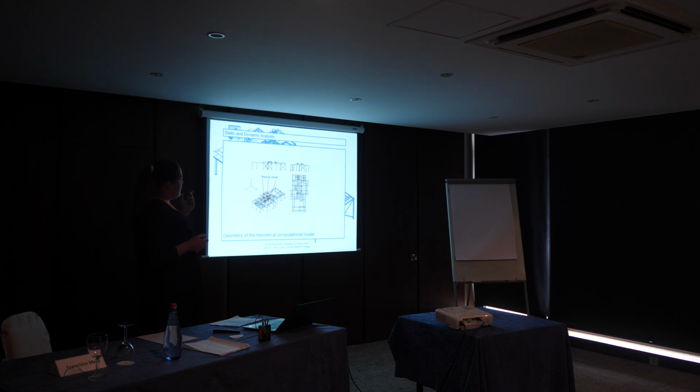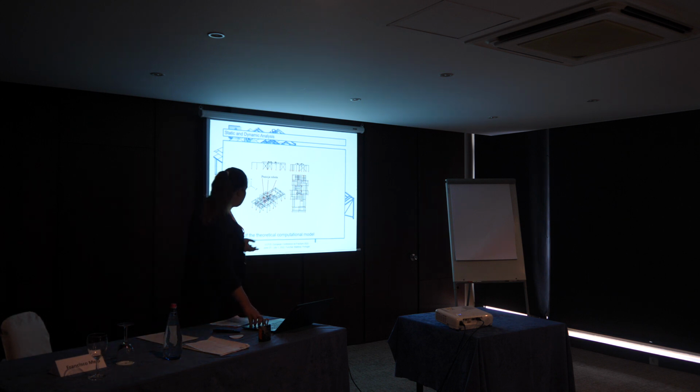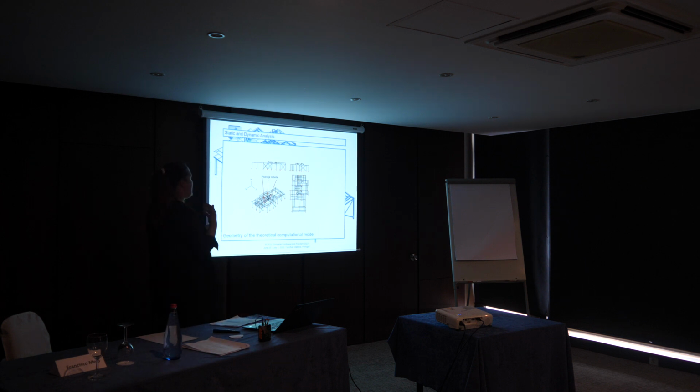So here you can see a computational model. X is the longitudinal direction, Z is the transverse direction, and Y is the vertical direction. It is important for some later discussion. Those are the positions of the robots, and the static calculations were done firstly. We assumed that the static forces that the robots cause are around 10 kilonewtons.